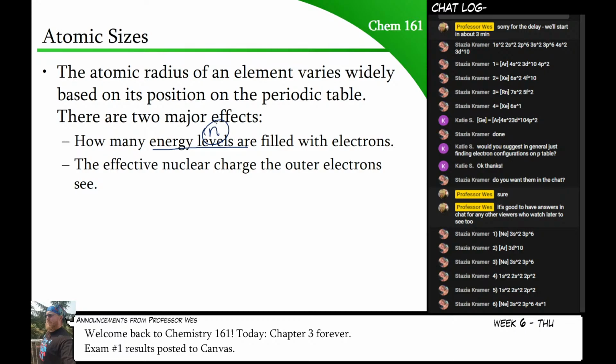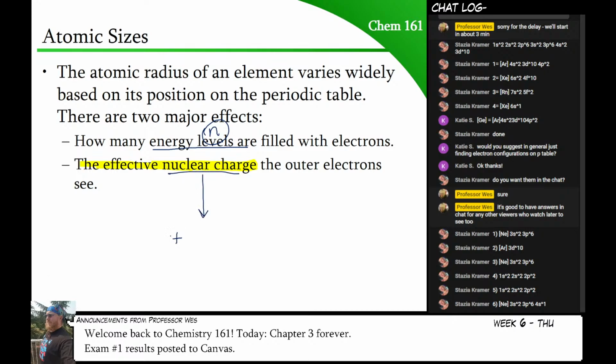Now, this new topic that we're going to include here, I'm going to actually highlight this one. Effective nuclear charge is a little bit different in terms of what's going on. So, nuclear charge, that's pretty straightforward.